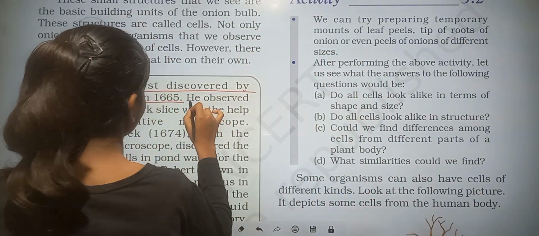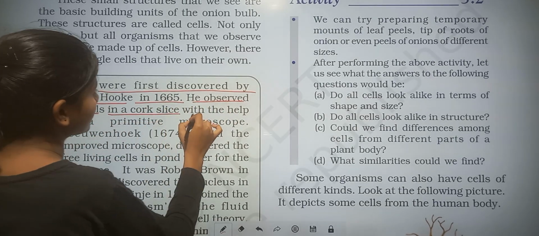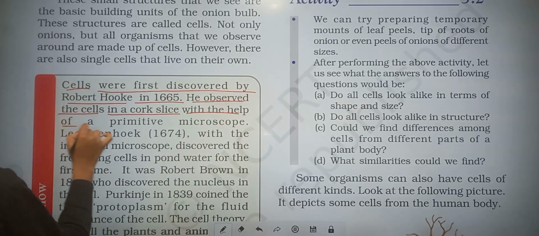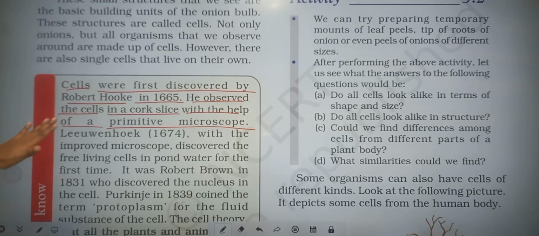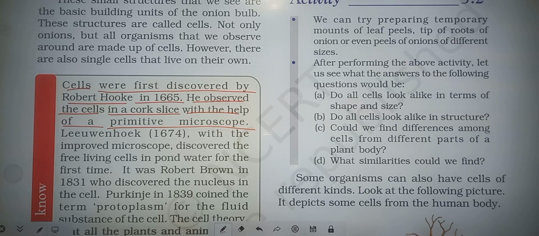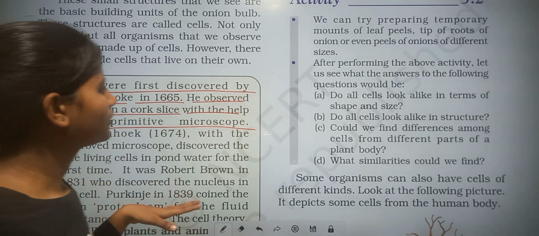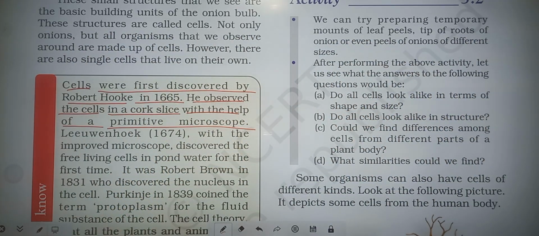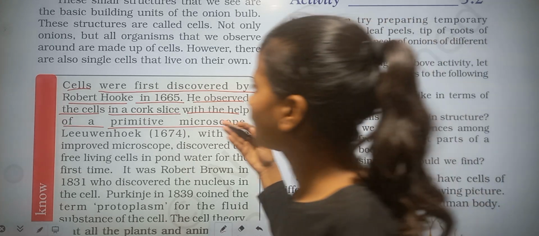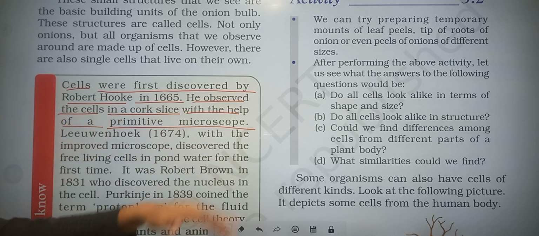He observed the cell in a cork slice with the help of a primitive microscope. Primitive means old, not a well developed microscope.